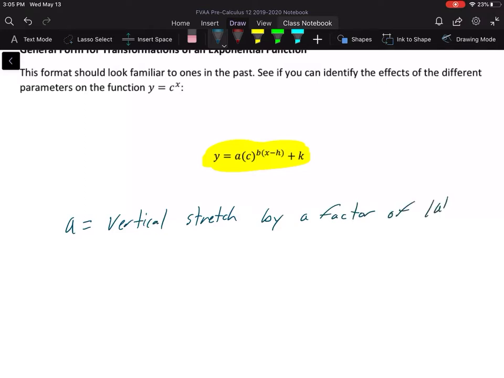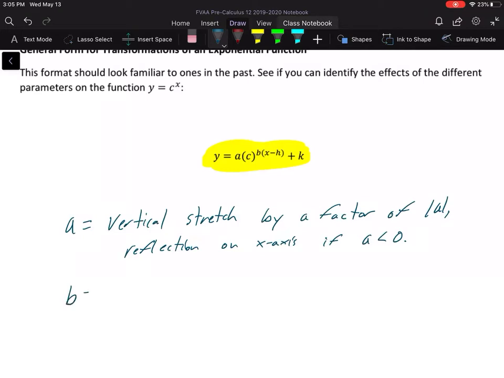Specifically the absolute value of a. Okay. And also a reflection on the x-axis if a is less than 0, right? If a is negative. Okay, so that's what we can expect from a.